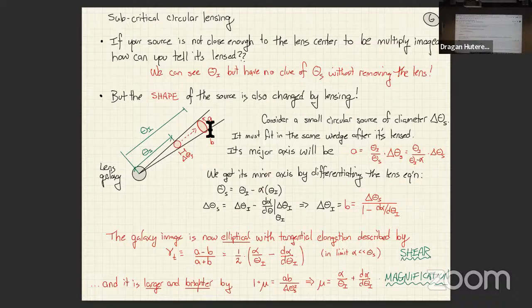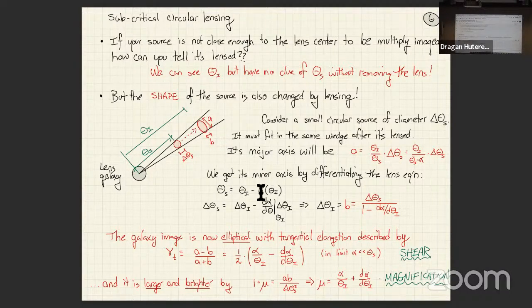And then what about the minor axis? Okay, well, the near side of that galaxy has been deflected out to here. And then the farther side of the galaxy has been deflected out to here. So you might be able to see, and this is the equation for that, that this delta theta S is going to correspond to a delta theta I given here, because we can just differentiate this formula, right?